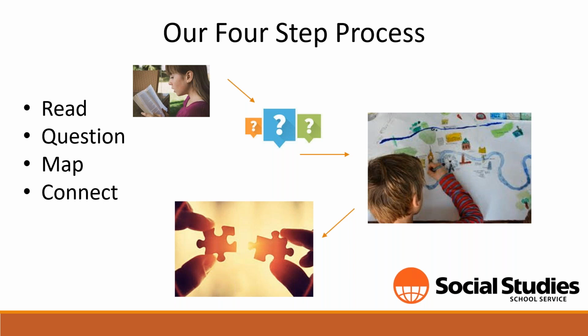So we're going to look at this 4-step process in terms of how it can give us a structure for implementing a lesson which involves literacy skills, developing good questions, as well as students creating their own maps and then understanding how those maps of the past might reflect on things in today's world.